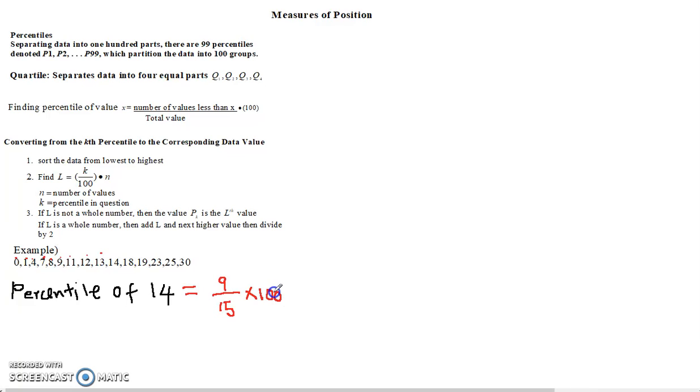And that will give us the percentile of the value 14. So 9 divided by 15, I got 0.6. So 0.6 times 100, that's going to be the 60th percentile.